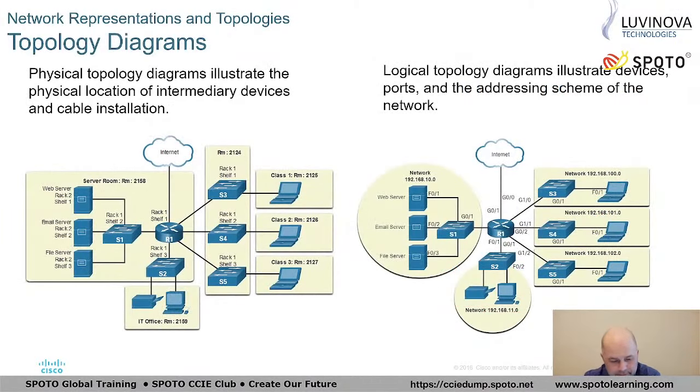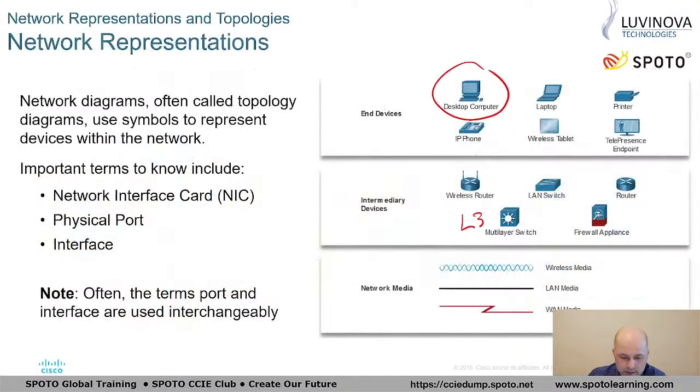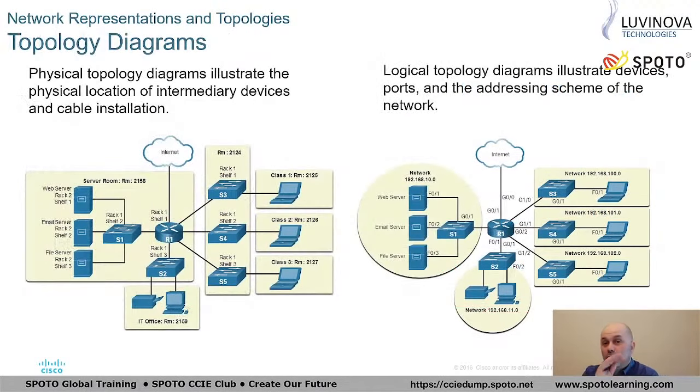Topology diagrams, guys. So here we have 2 types of diagrams and 2 types of topology. Physical topology, as you can see here, it's just the devices, but here we're talking about representation of those devices on the network map. To know exactly how those devices are standing in the network, we need a topology.